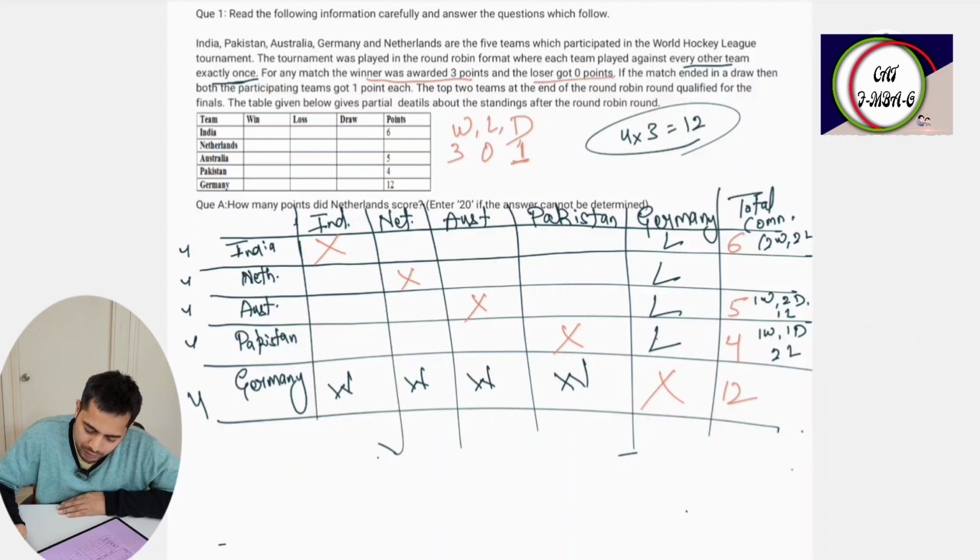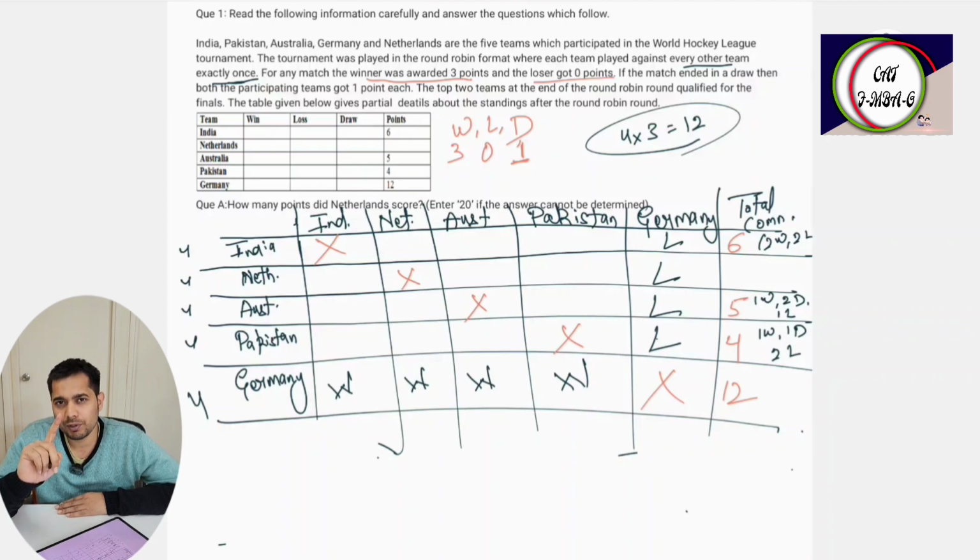Now again use your mind. It is given that Pakistan has 1 draw, India has 0 draw, Germany has 0 draw, Pakistan has 1 draw and Australia has 2 draws. So the 1 draw of Pakistan will be against Australia, and Netherlands will also have 1 draw against Australia.